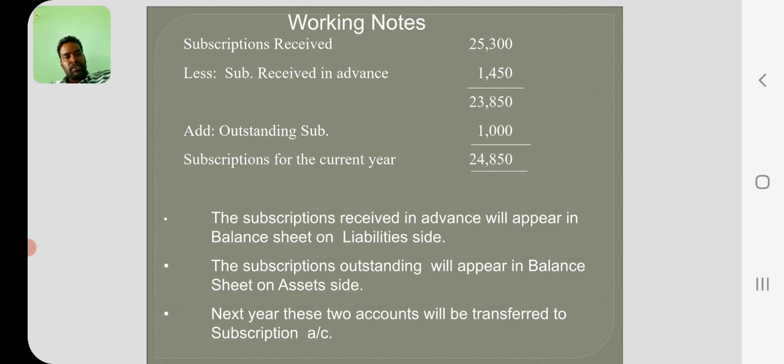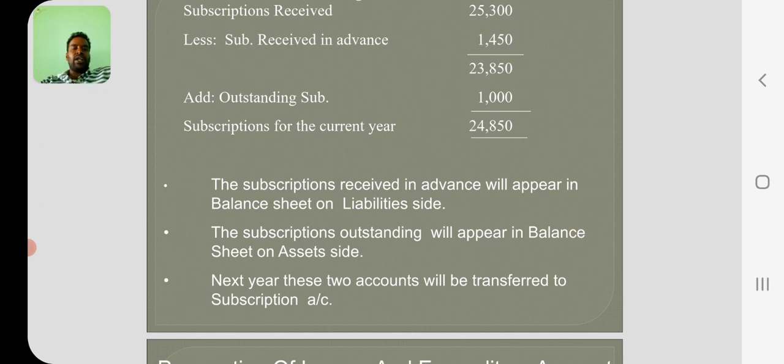The subscriptions outstanding will appear in balance sheet on asset side. Received in advance is posted on liability side. Outstanding is posted on asset side. Next year, these two accounts will be transferred to subscription account.